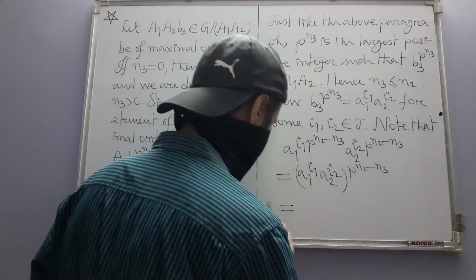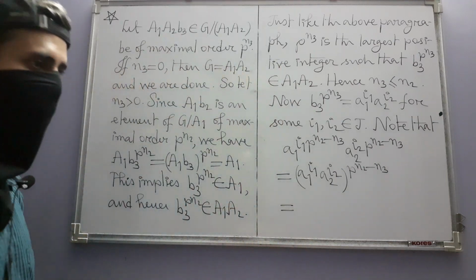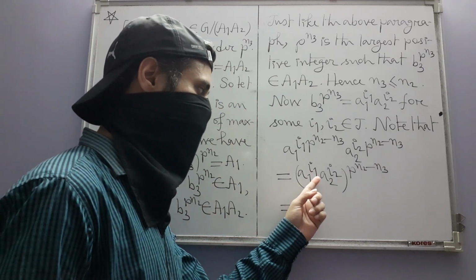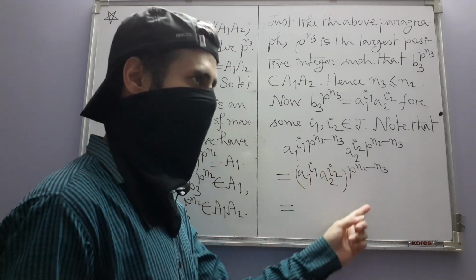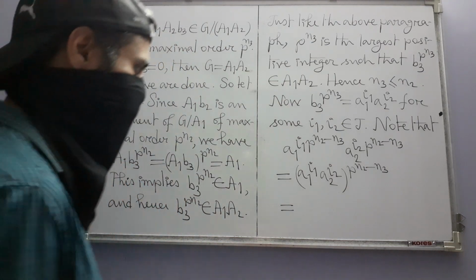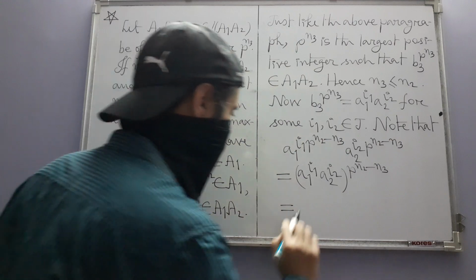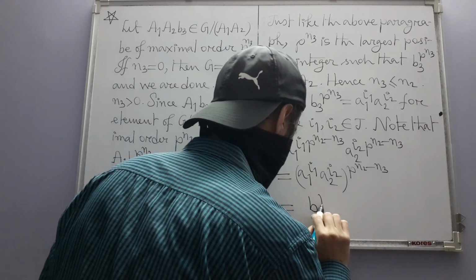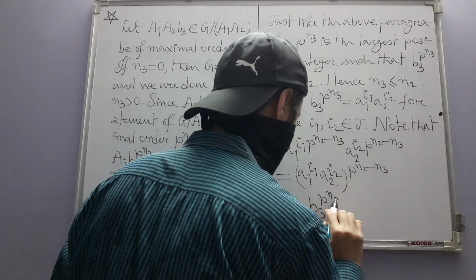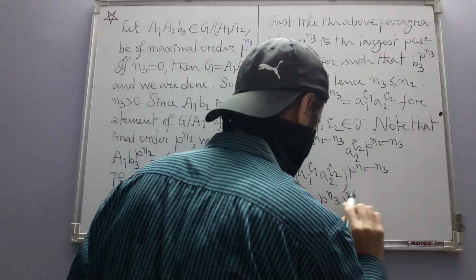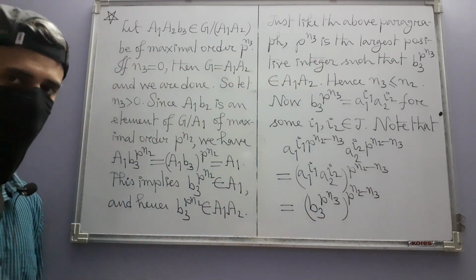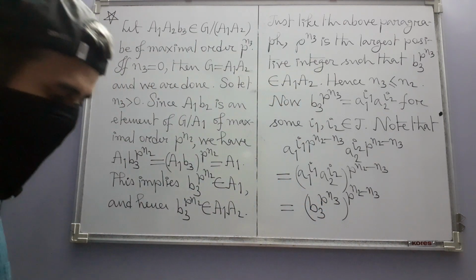If we don't write these things carefully and nicely, then we will get really very confused about suffixes, exponents, superscripts, this type of things. And what is this? This is just B3 to the power P to the power N3, N2 minus N3. Now we can use one of the rules of exponents.